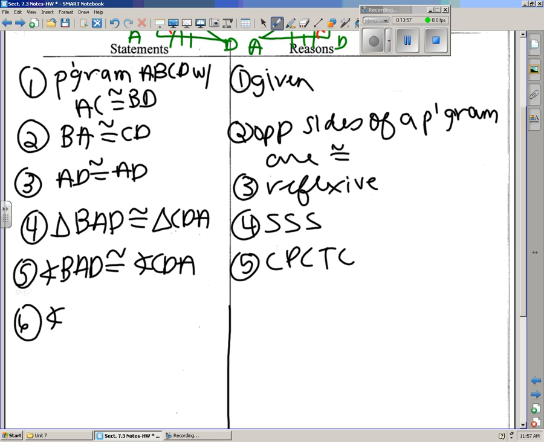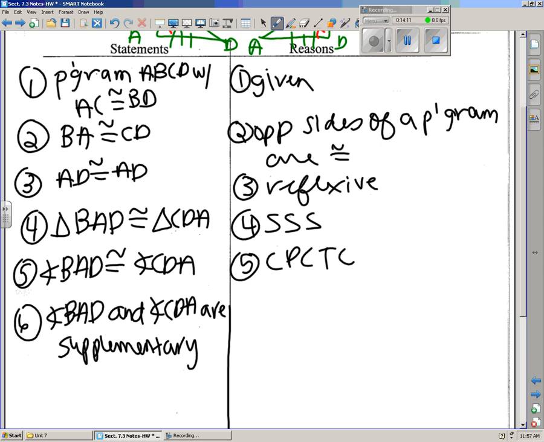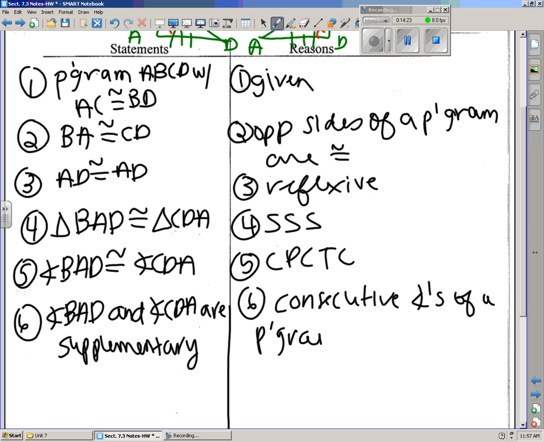So we know also that BAD and angle CDA are supplementary. Because the property that says consecutive angles of a P-gram are supplementary.